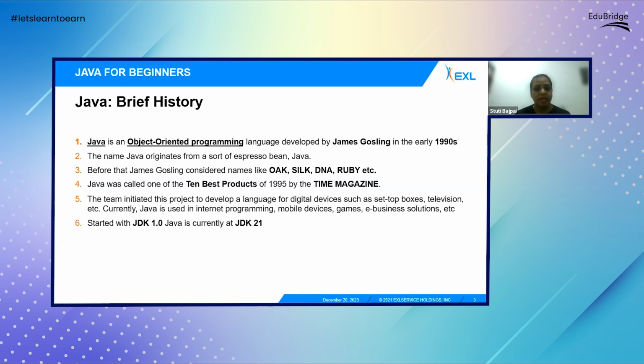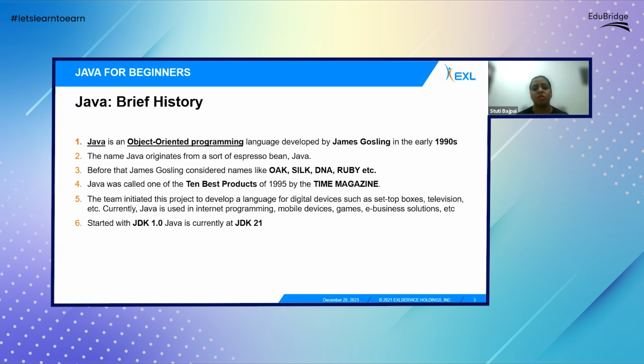The project was initiated for digital devices like set-top boxes and television, and currently Java is used in all spheres of the software industry. If you think about it, it's used in internet programming, mobile devices, and games are being developed on it.